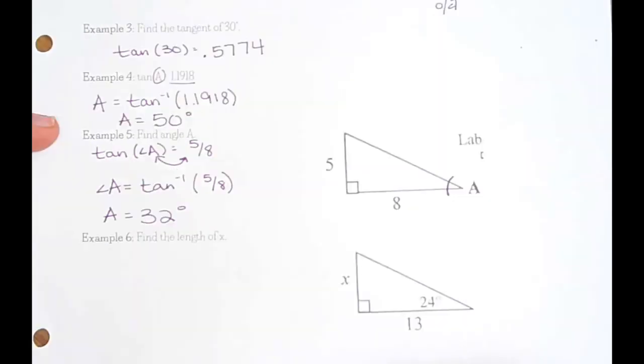This is a good reminder for you because I will be giving you problems on the test that say use tan, or use sine, or use cosine. You will have to know which ratio you're going to use in order to set something like this up. So if you see an opposite and adjacent, you'll remember that tangent is the ratio you use to solve.